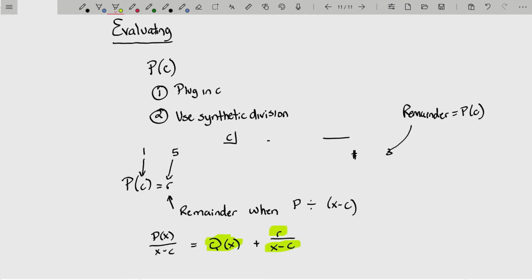So you find that remainder divided by the divisor. So that's one thing you get whenever you use evaluation. So that's kind of critical.